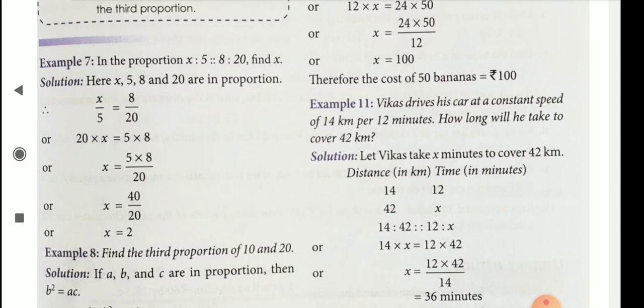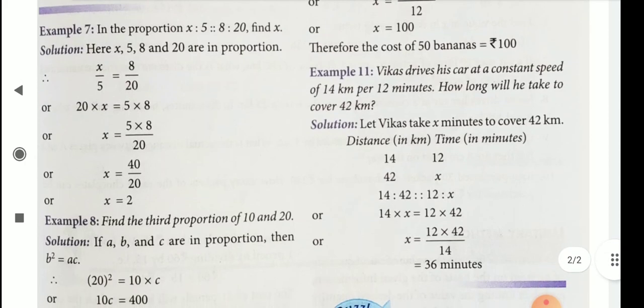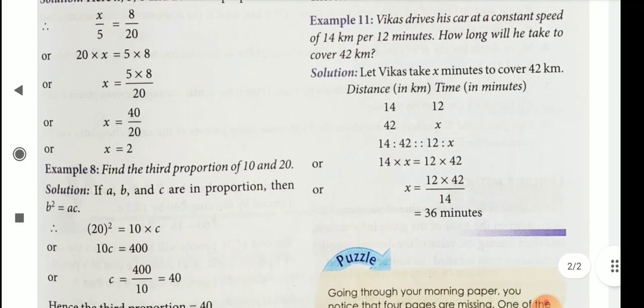So 14 kilometers per 12 minutes, and 42 kilometers in how many minutes, or how much time is required. So time is to time and distance is to distance. So 14 is to 42 as 12 is to x. If we solve this, we get 36 minutes.